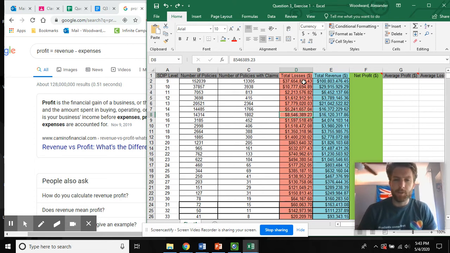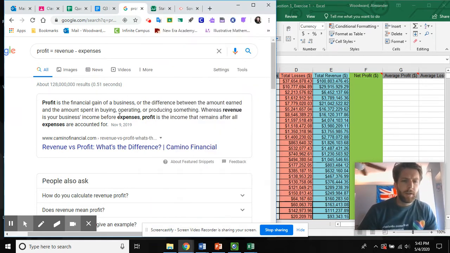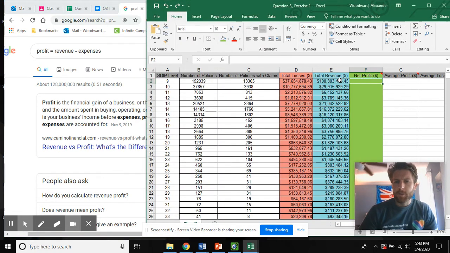So that's where your losses come from. The profit is going to be how much that company has made, depending on your revenue and loss. If it's the difference between the amount earned and the amount spent, then that means we're going to be using subtraction here.